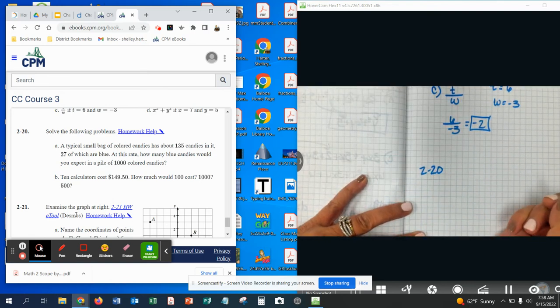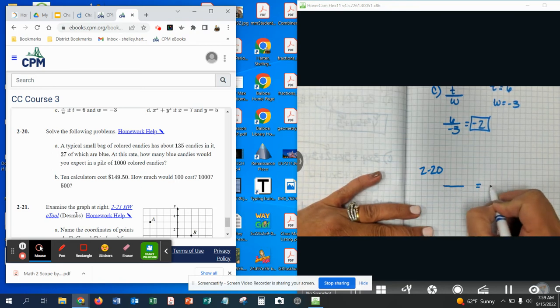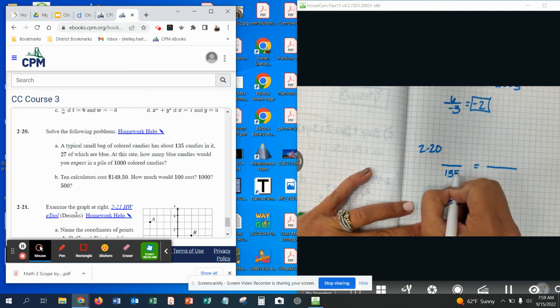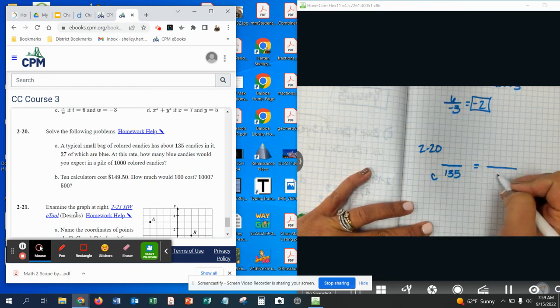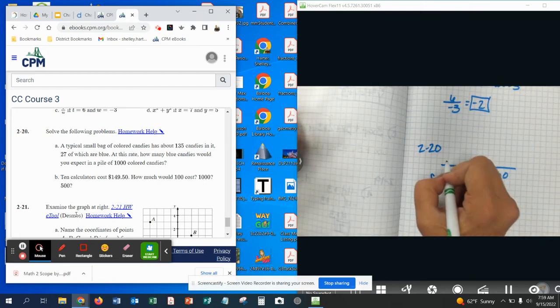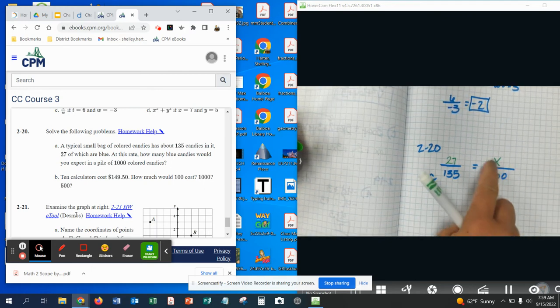I love these. I'm going to set it up like this: I'm going to put 135 candies on the bottom. So the 1,000 candies go down here. Now, the 27 that are blue go up here. The x goes here because this is what we want to find.